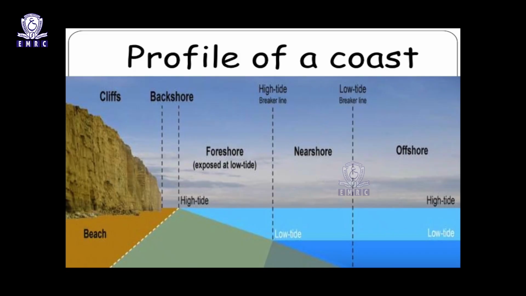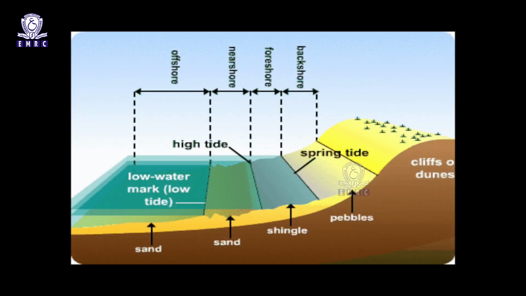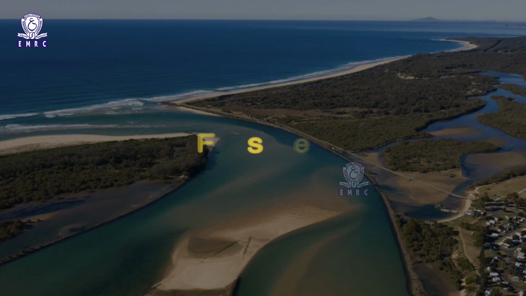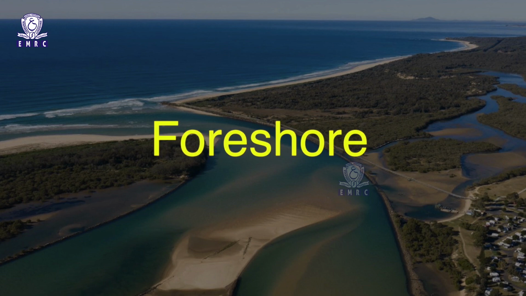Backshore. Backshore represents the beach zone starting from the limit of high tide level to the sea cliff base, or the zone that extends between the base of the sea cliff up to the limit of high tide level. Foreshore.